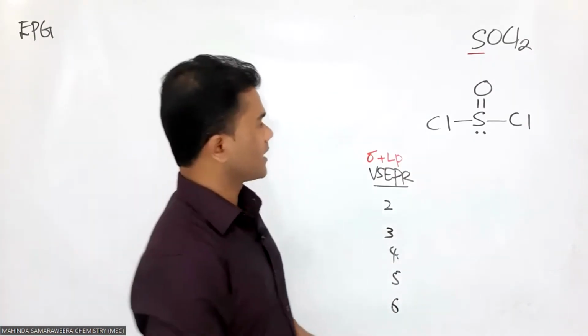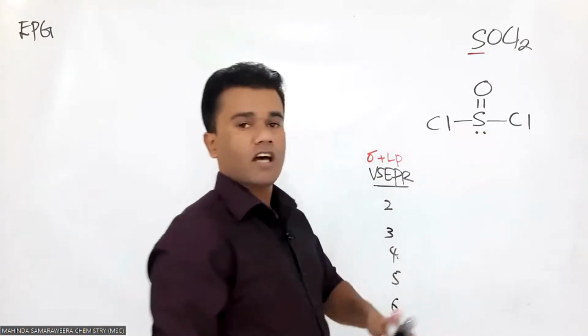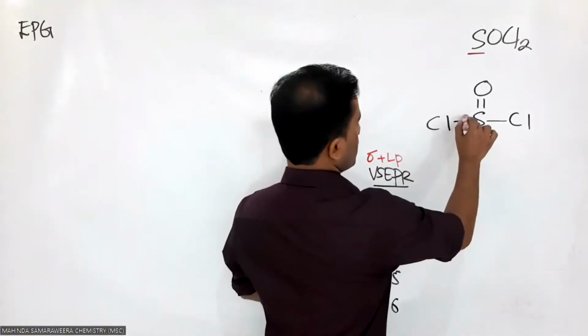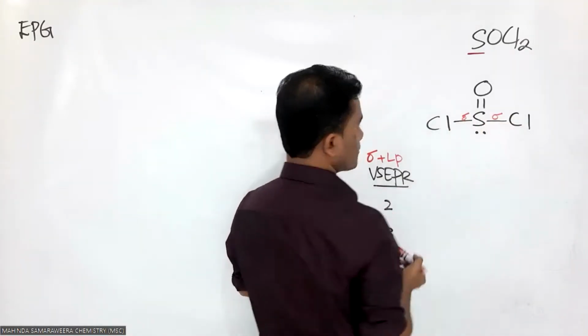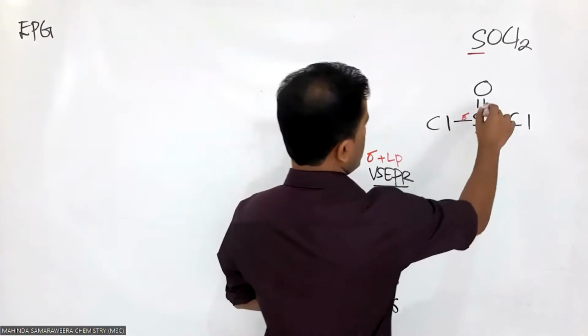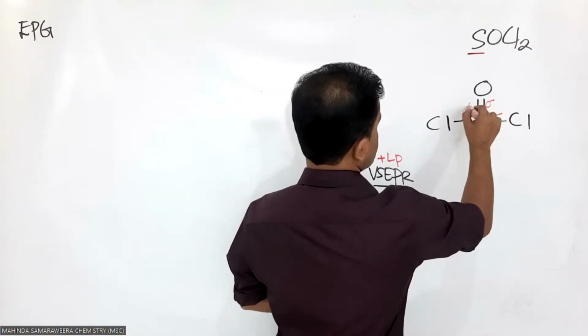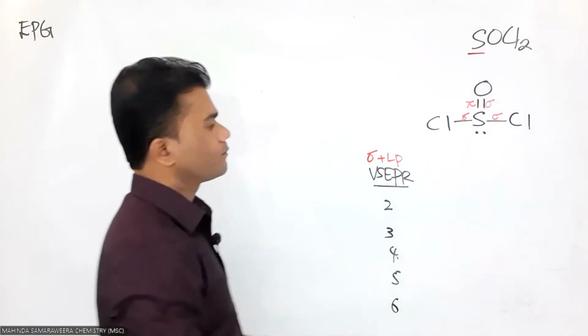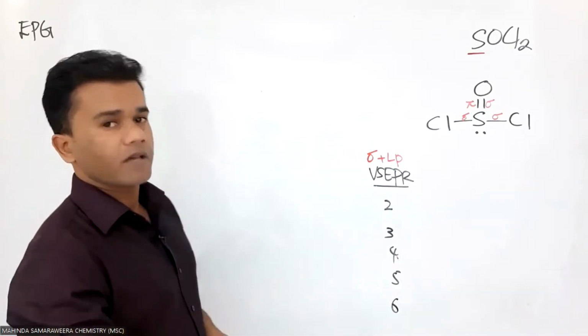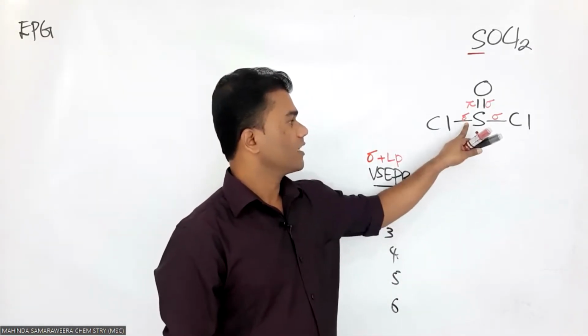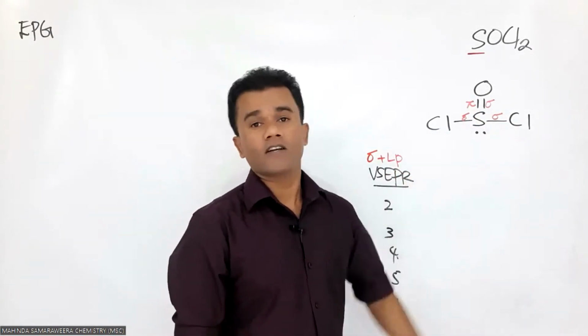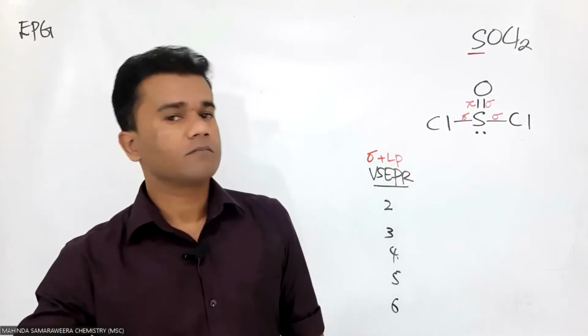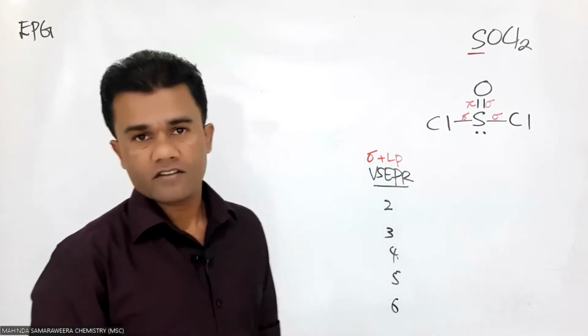In this particular case, we consider the central atom sulfur. A single bond means a sigma bond. Out of a double bond, we have 1 sigma and the other is a pi bond. Then how many VSEPR pairs are around sulfur? We get 3 sigmas and 1 lone pair. Sigma plus lone pairs means there are 4 VSEPR pairs.